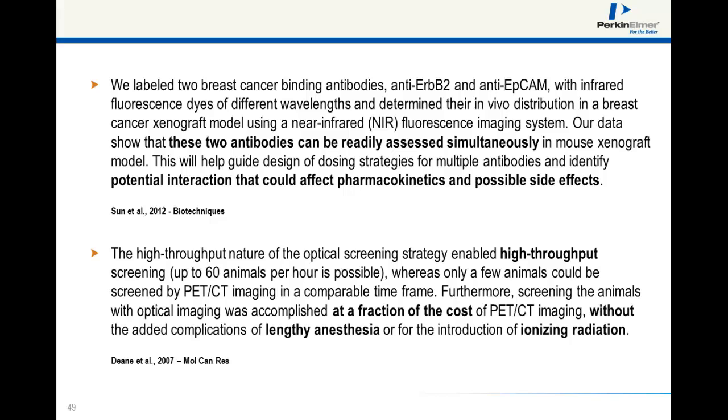Dr. Sun et al. simultaneously evaluated two antibodies, each labeled with a fluorophore of a different wavelength, in one and the same tumor mouse, allowing them to assess potential interactions that can affect pharmacokinetics and potential side effects. For Drs. Dean et al., the high throughput, low cost, short anesthesia, and lack of ionizing radiation is a great advantage.